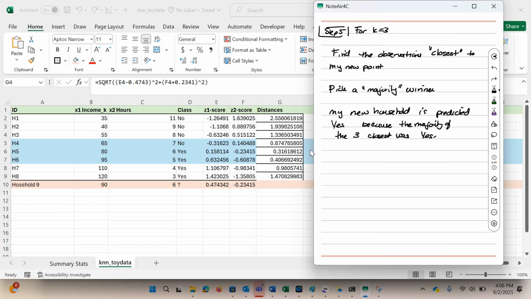And the next one up would be this 3. So I got an additional no, but I got an additional yes. So it's still yes. Majority is still yes. It was 3 yeses and 2 nos.